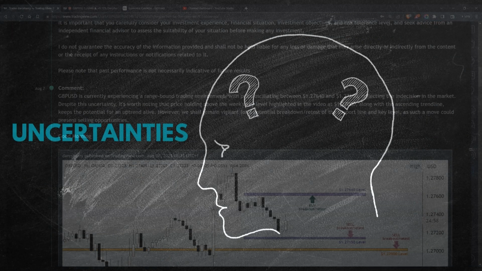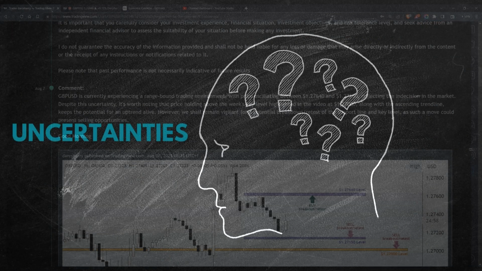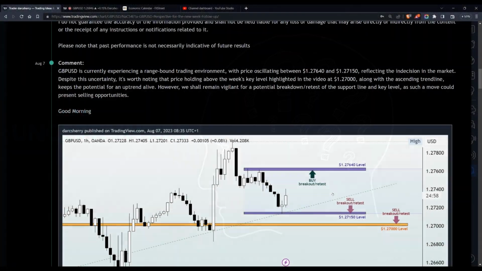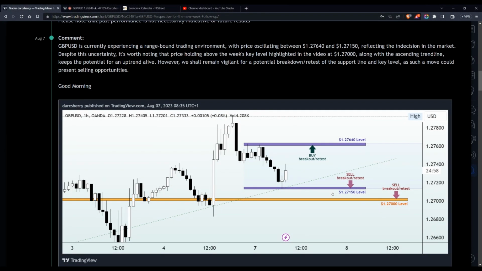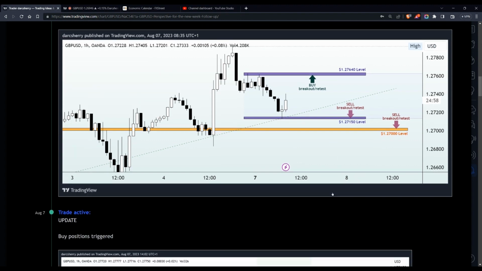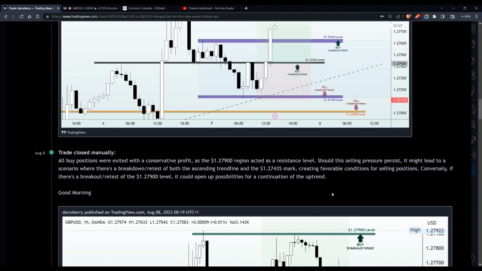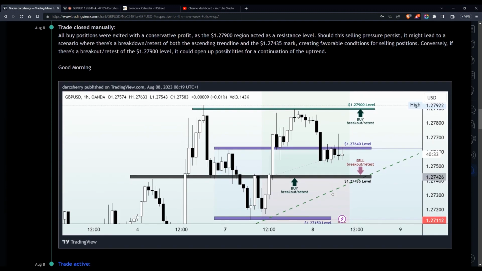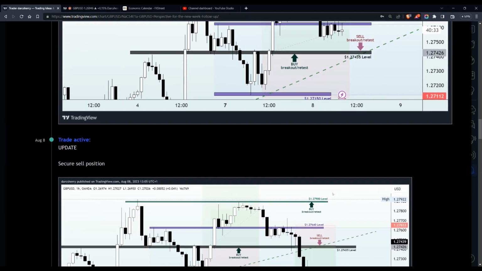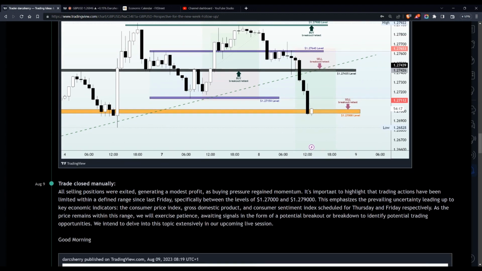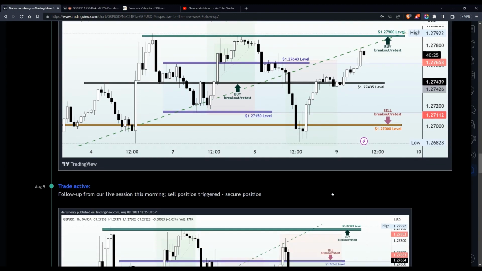The previous week witnessed market uncertainties with price action confined within a range. This limited our ability to capture significant pips movement as price action consistently snapped back into our specified entry zone, as you will be seeing in this commentary here.